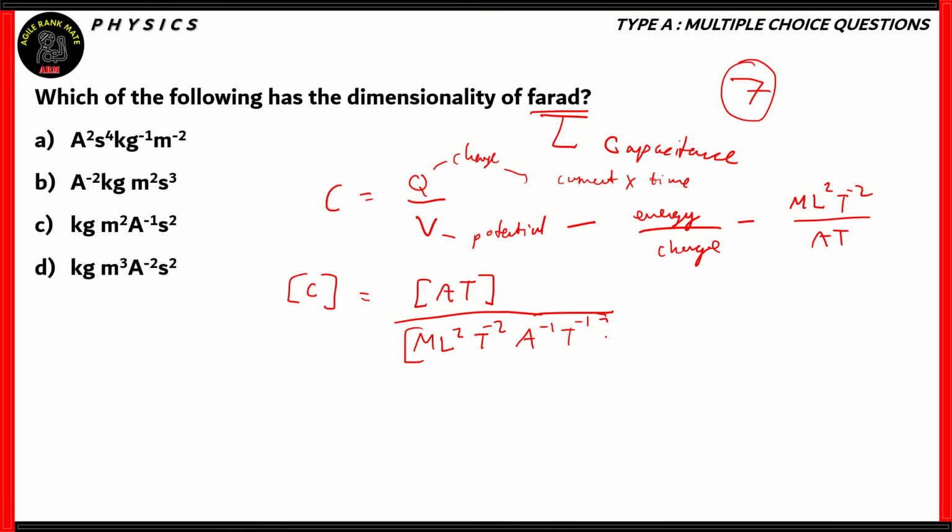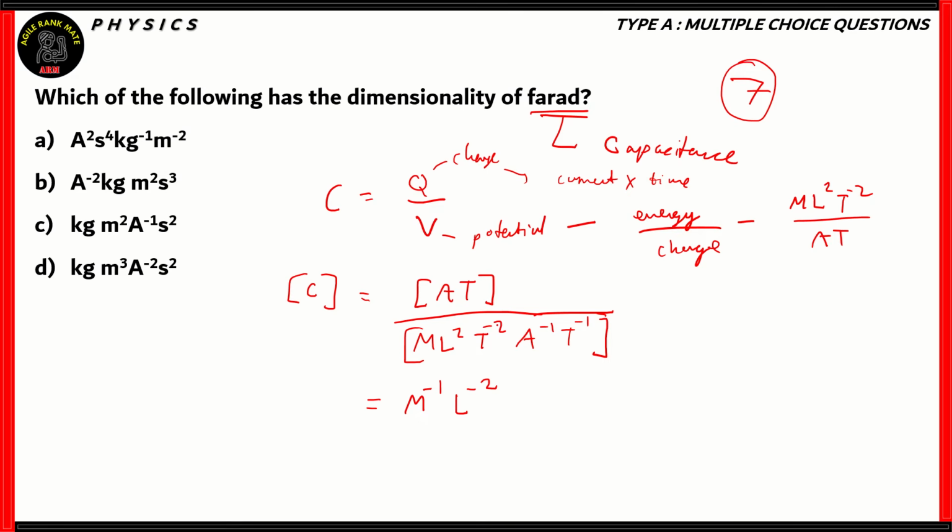Now, all we have to do is to take the components in the denominator to the numerator, and we've got our dimensions for capacitance. So what we have now is M, which stands for mass. It was in the denominator, so it goes to the numerator, so you have M raised to minus 1. Length, we have L squared in the denominator, it goes to the numerator, so it becomes L raised to minus 2.